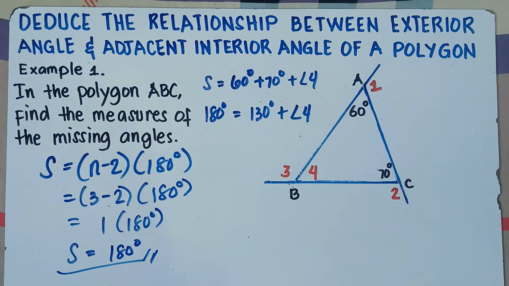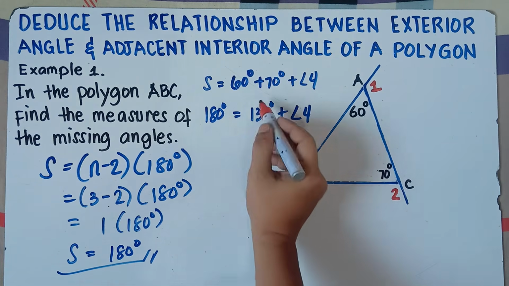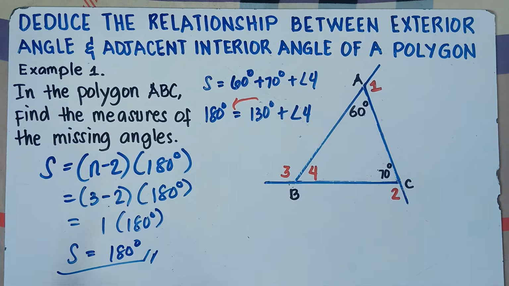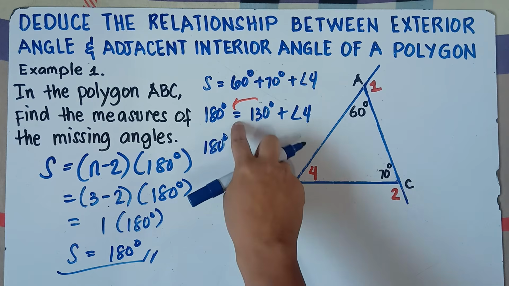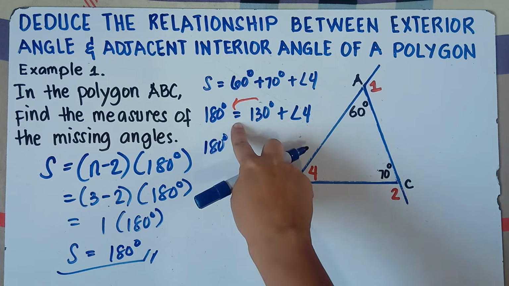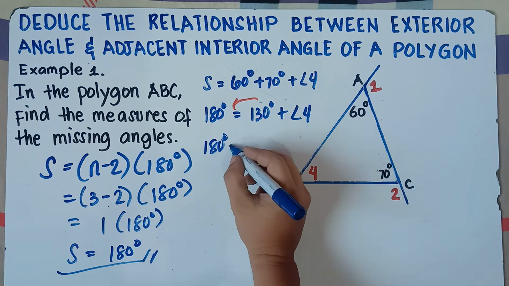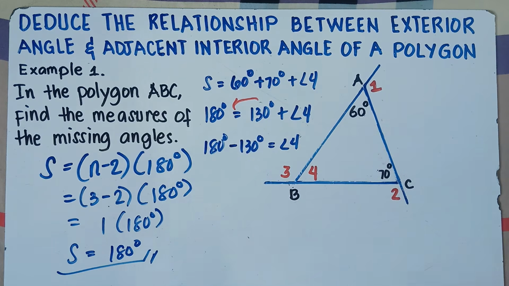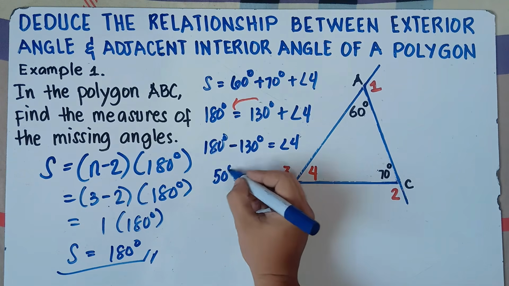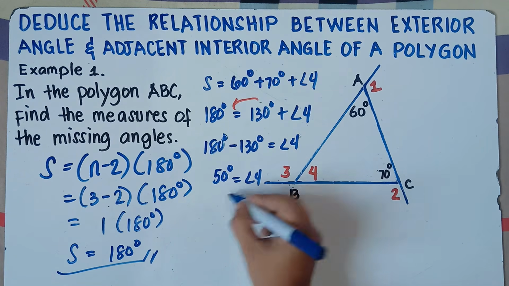Then we transpose 130 from the left to the right side. Once you transfer a term across the equal sign, you always change the sign. So 180 minus 130 degrees equals angle 4. So 180 minus 130 is 50 degrees.